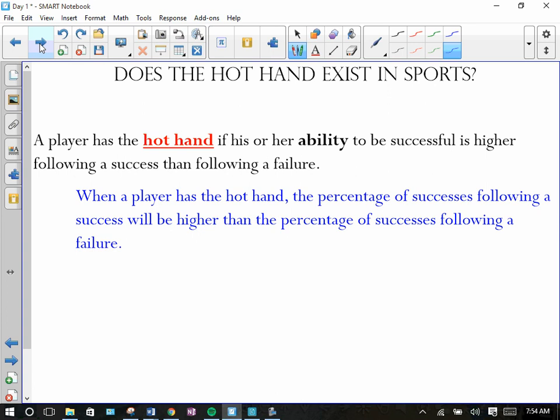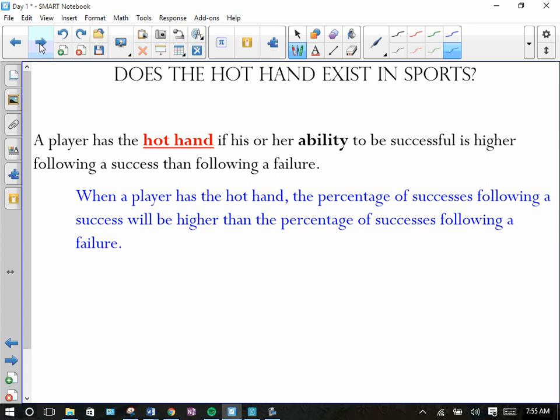And if I make it again, I have an even higher ability to make the next free throw. On the other hand, if I miss my free throw, it's saying that I would have a lower ability to make the next free throw.